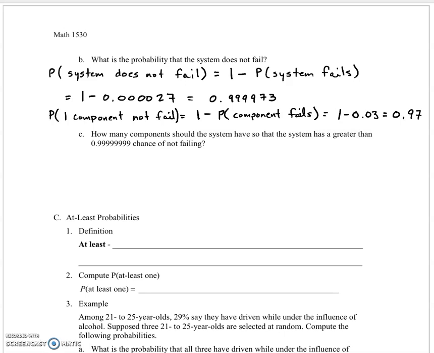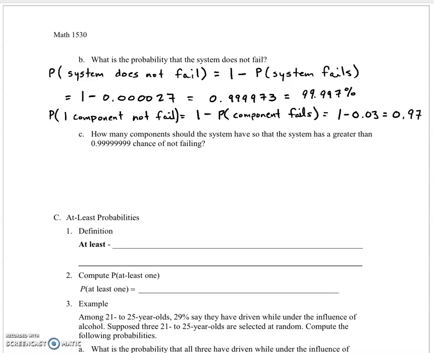So look how much better that is. We've gone from a 97% chance of the system working to a 99.997% chance that it works. So we've increased our safety by about 3% just by adding 2 more components.